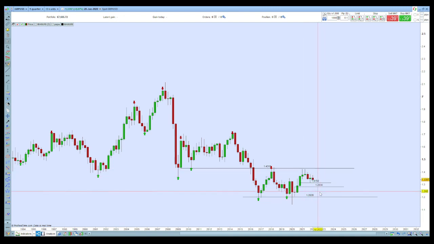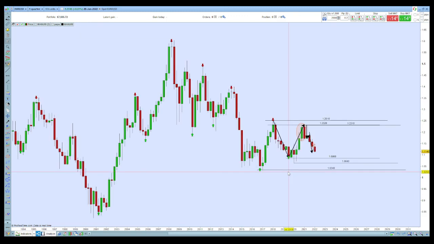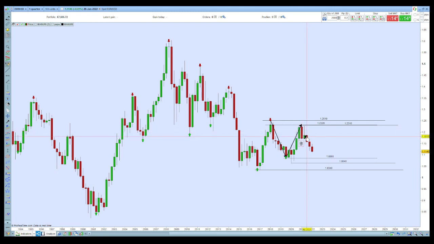Okay, the outlook is more on the downside. It's the British pound and the euro too. Let me take this out to clean it up a little bit. Yeah, we can see a bearish momentum also here.